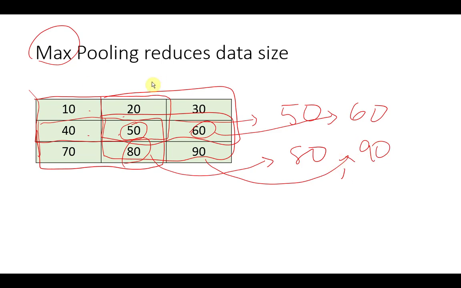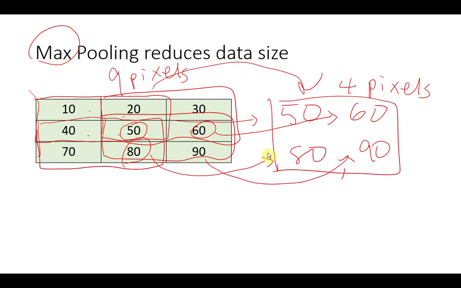And so we go from 9 pixels to 4 pixels. So we have cut the number of pixels or the data size by more than half, right? Going from 9 pixels to 4 pixels.